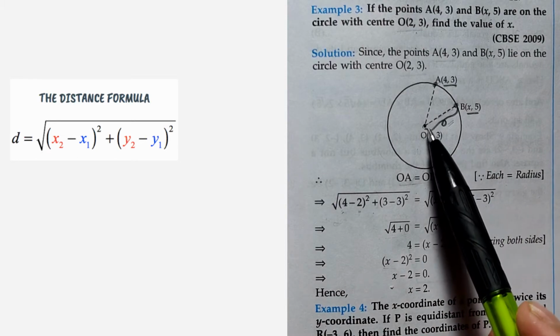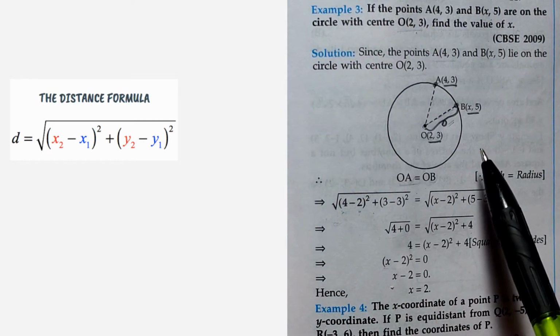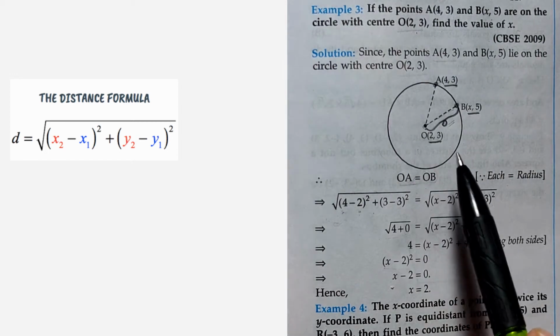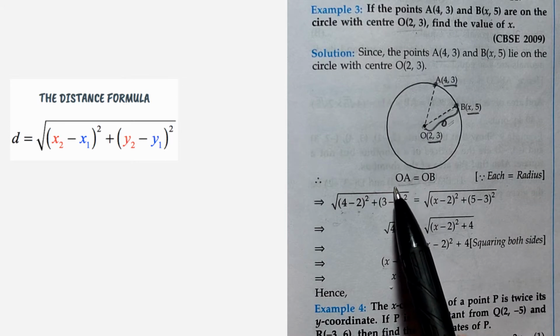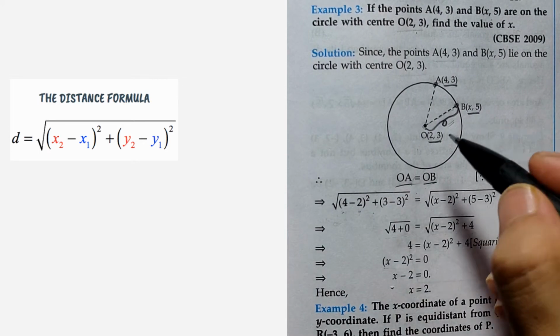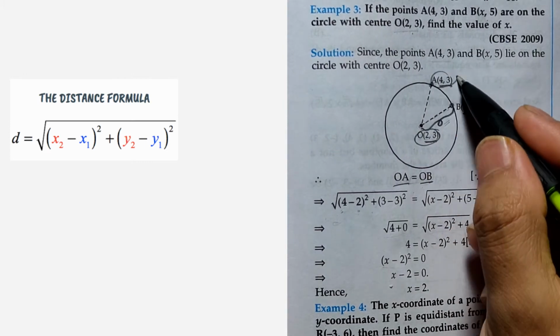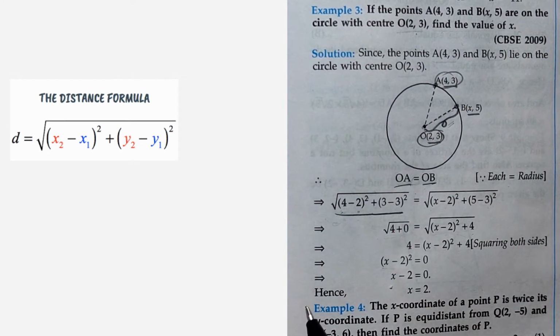Now, we know that OA and OB are radii of the same circle, and we all know that the radii of a circle are always the same. So OA equals OB. Now, taking OA and substituting in the distance formula, we get this.